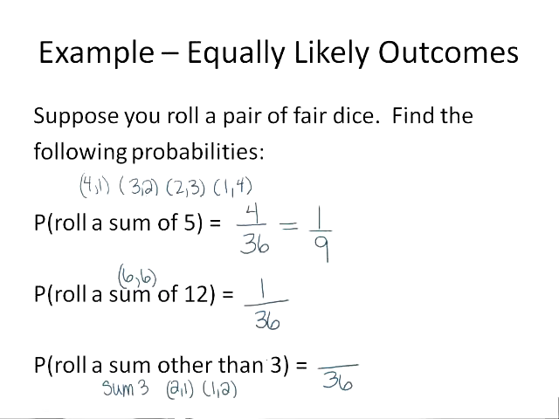So everything else sums to something other than 3. So these two are going to be subtracted from the total of 36 to give me a total of 34 out of 36. Now we will need to reduce this fraction, as there is a common factor of 2, so this reduces to 17 divided by 18.